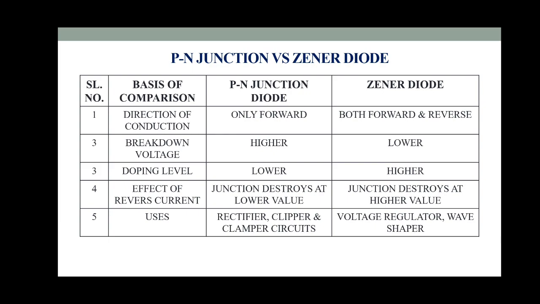As for the effect of reverse current, the junction destroys at a lower value for a PN junction diode because the reverse breakdown voltage is already high, and the junction destroys at a higher value for a Zener diode. That means up to a high value of current, the Zener diode cannot get damaged, and it can withstand a high value of current because the reverse breakdown voltage value is small here. Now, PN junction diodes are widely used in rectifier, clipper and clamper circuits, whereas Zener diodes are used as voltage regulators or wave shapers.